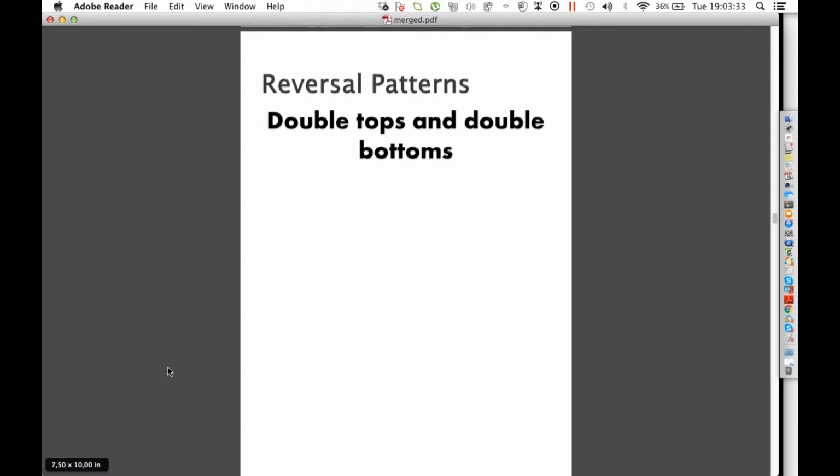So we'll have a reversal pattern if everything is going up, and we see a reversal pattern that indicates to us that the market might start going down, or if the market is going down, we can get a reversal pattern to start showing us that we're going up. So we're going to look at the theory now, but then once we get to the strategy side of things, then we'll look at the practical and we'll look at the charts.